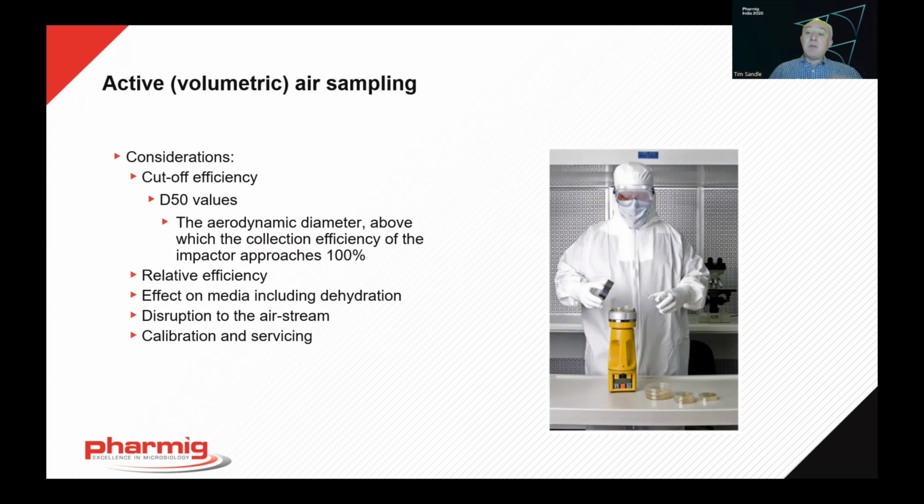That's all down to the numbers of particles passing through the sampler that we expect to be able to detect. Other things to bear in mind are the effect of dehydration on the culture media, particularly when our air sampler is placed under unidirectional airflow, whether our air sampler itself can disrupt the air pattern, or whether it exhausts out contaminations. Factors to bear in mind.